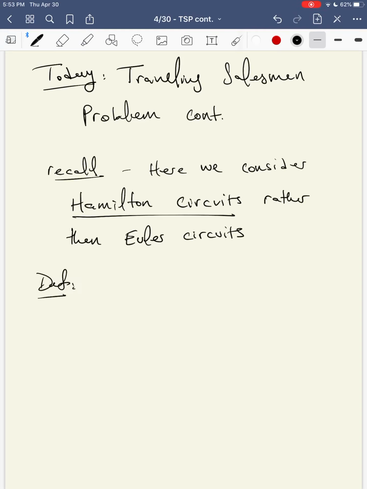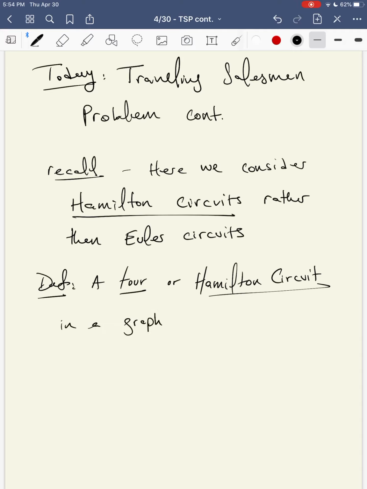Definition: a tour or Hamilton circuit in a graph G is a circuit which starts and ends at the same vertex.